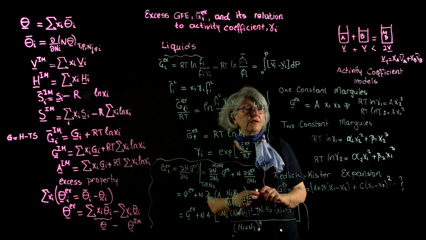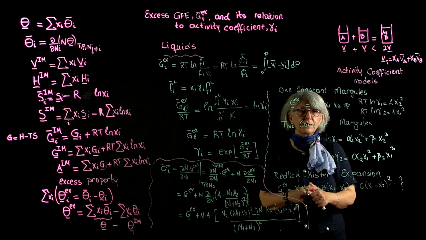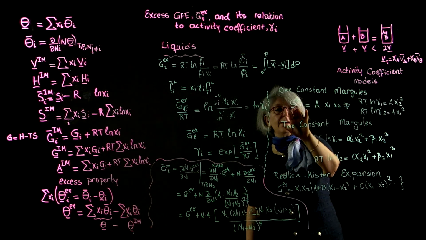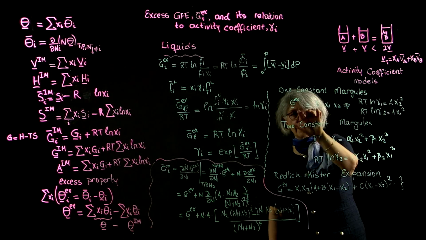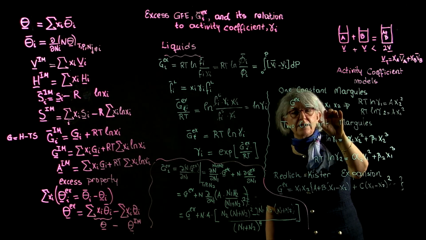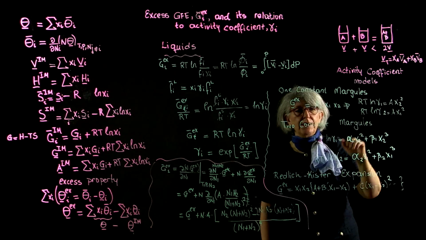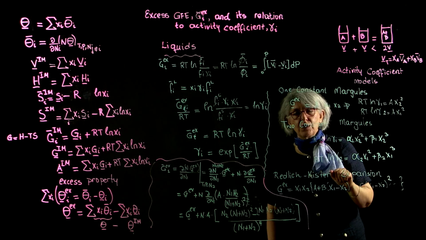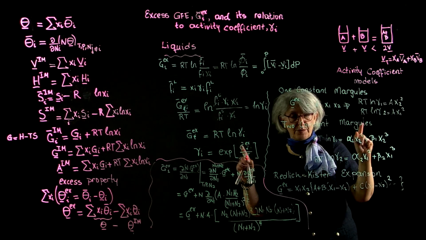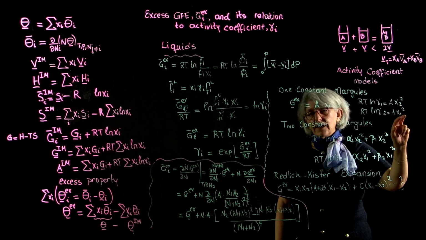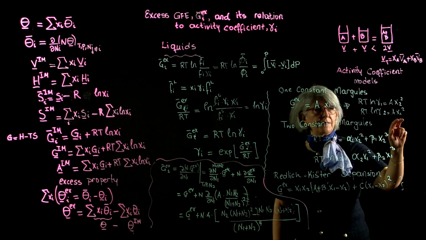So what is unique about the one constant Margules is we have established the zero excess Gibbs free energies at the intercepts, at the coordinates where we have pure species. The second thing is that it is symmetric.